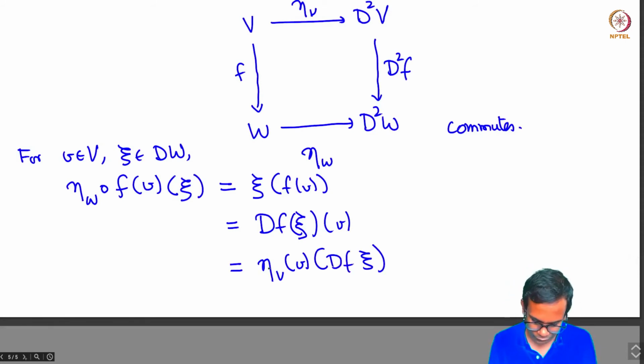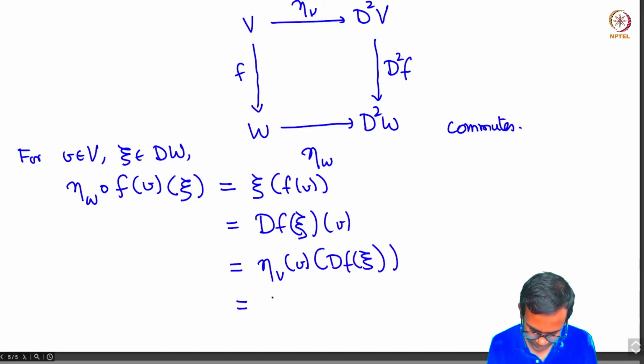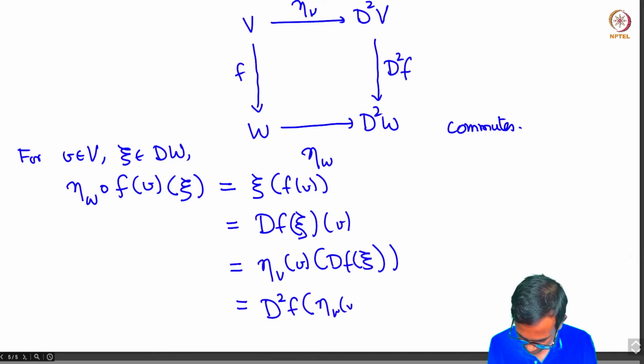This is from the definition of eta V. And so if you look at the definition of D again, this is the same as D squared F evaluated at eta V evaluated at xi.